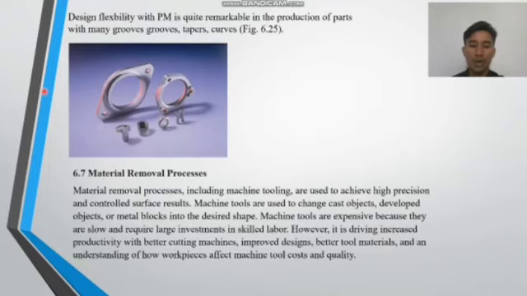Machine tools are expensive because they are slow and require large investments in skilled labor. However, productivity is increasing with better cutting machines, improved design, better tool materials, and an understanding of how workpiece materials affect machine tools, cost, and quality.